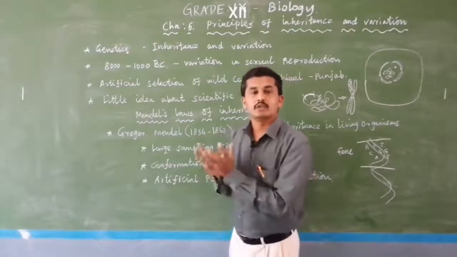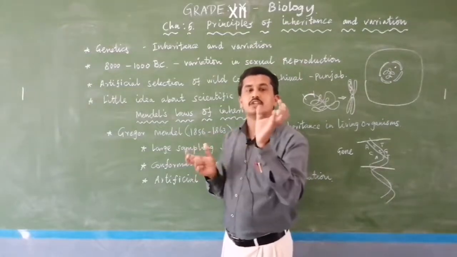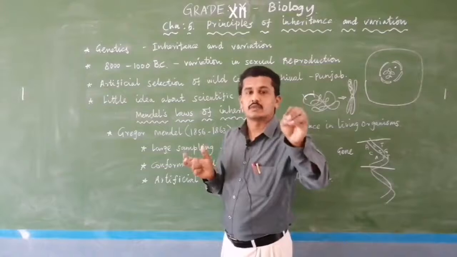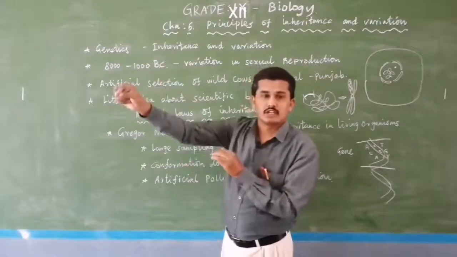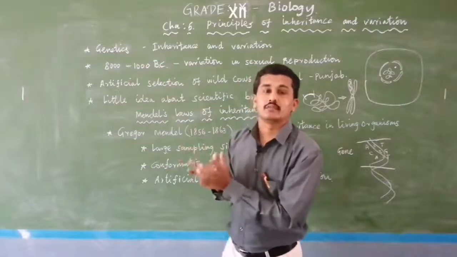We form a new best variety which contains a desirable character from one parent and a desirable character from the other parent. The new variety is known as a hybrid.